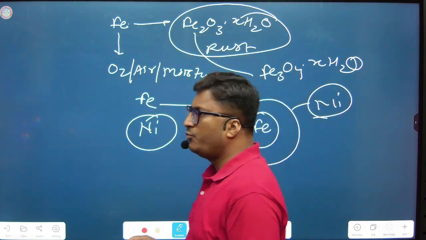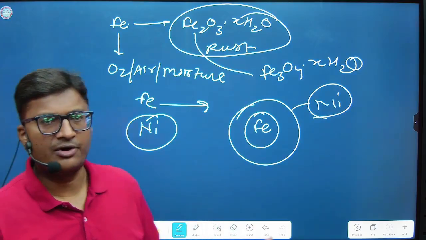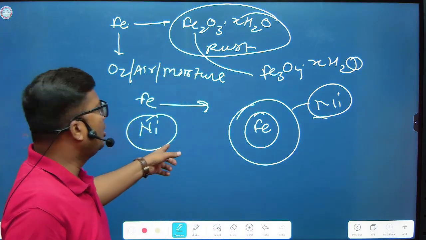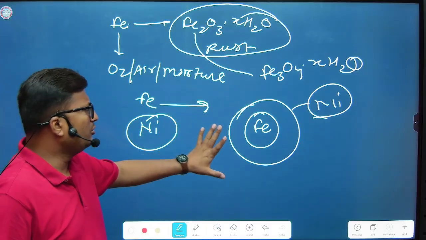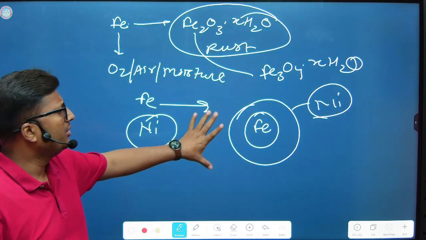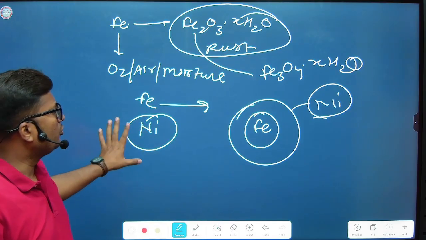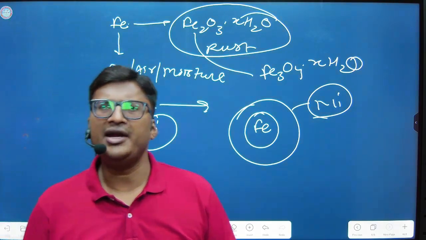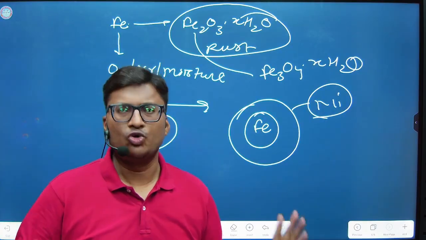Because of the poor reactivity of the nickel, and the poor reactivity comes from the standard reduction potential. So it has lower negative value compared to iron. So iron is highly reactive, so it is getting corroded, and once the electroplating is performed with nickel, then it is prevented. So iron can be electroplated with nickel to prevent the corrosion.